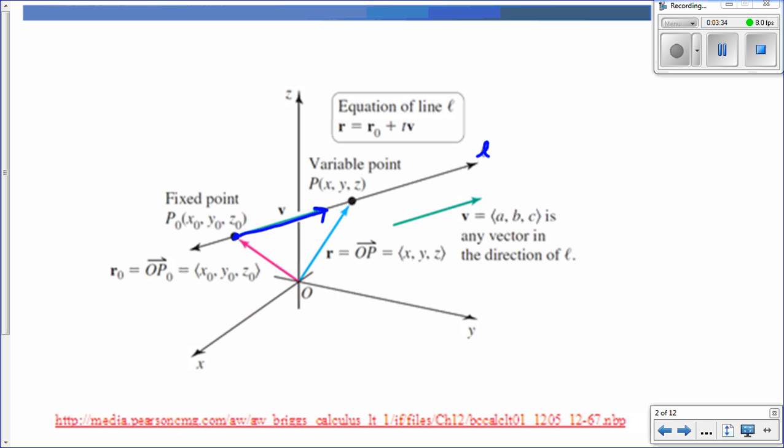So if we're trying to find the equation of this line, I'm going to let x, y, z be just a random point on that line. Notice that this vector p naught, which points to a point here, x naught, y naught, z naught, that's a point on that line, that vector plus some multiple of this v will be this point, the vector x, y, z.